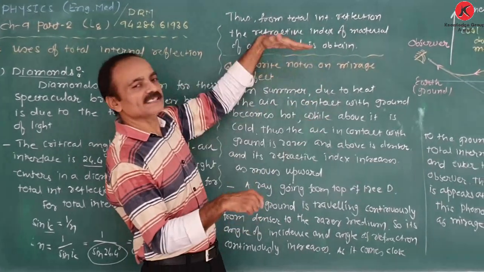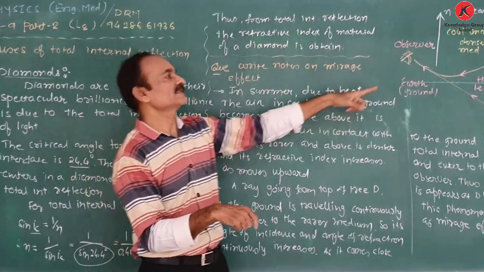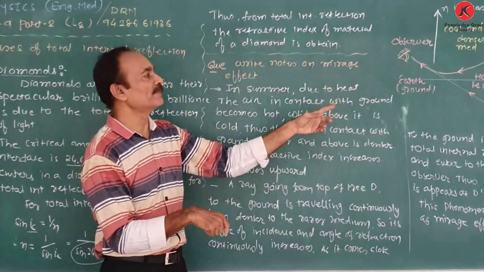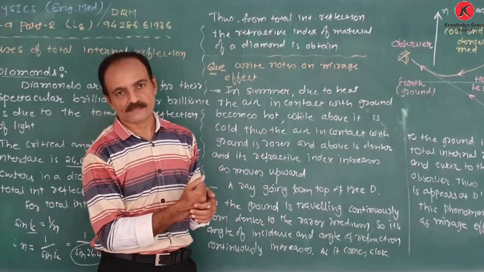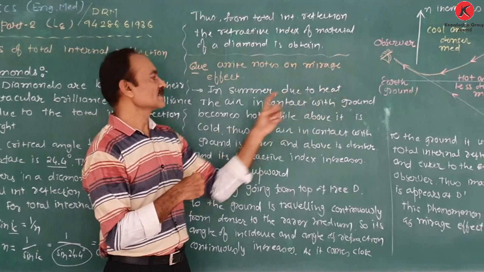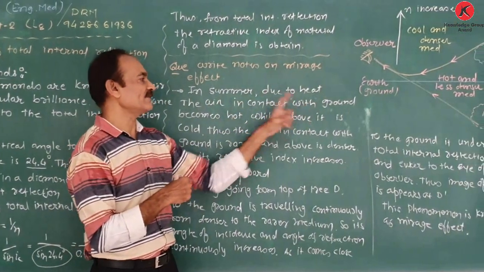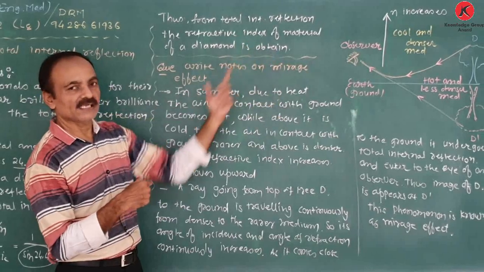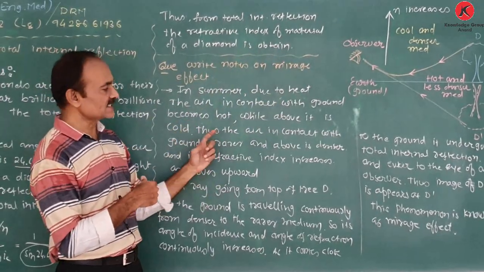Just above this hot air is the cool air, and cool air is quite denser compared to the hot air. So in short, in summer, due to the heat, the air in contact with the ground becomes hot, while above it is cold. Thus the air in contact with the ground acts as a rare medium.